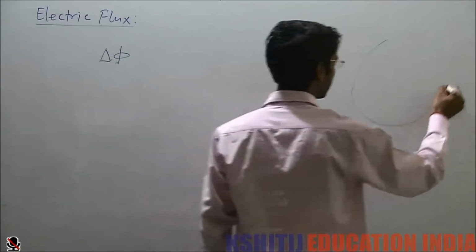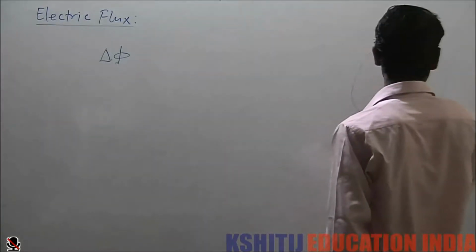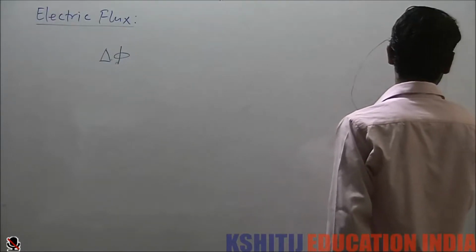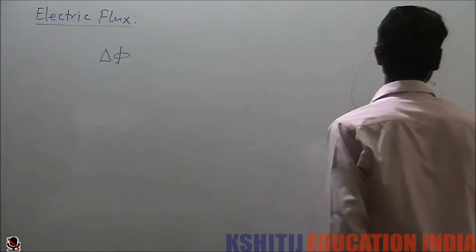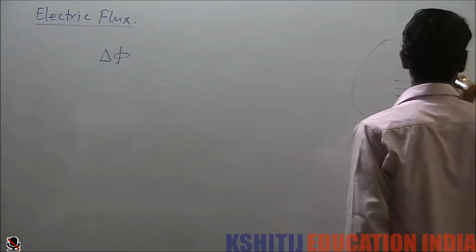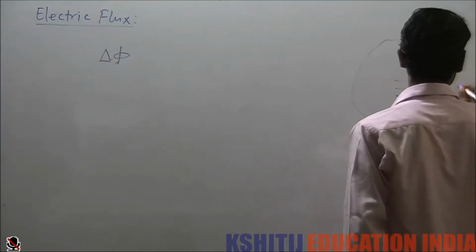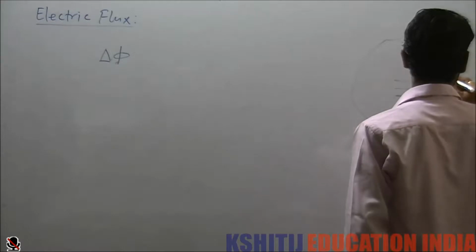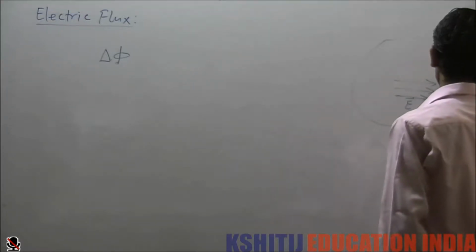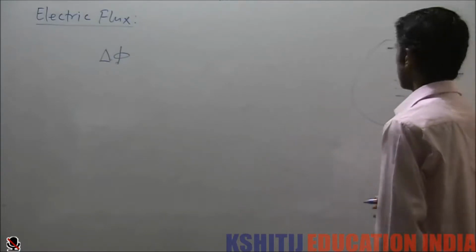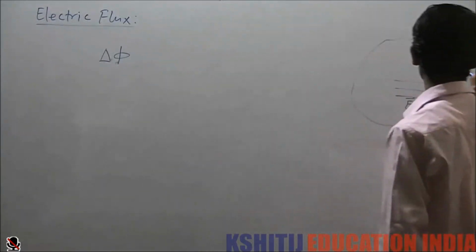This was a surface and there was an electric field passing through in this direction. And if you consider this area, and let's say this area has a positive normal in this direction, that means this has an angle with the direction of the electric field.